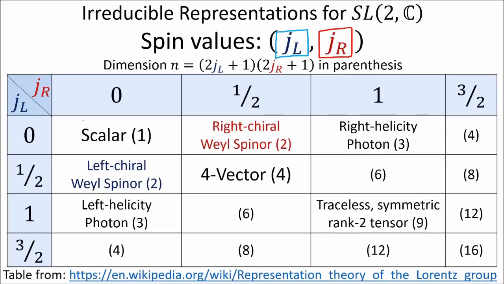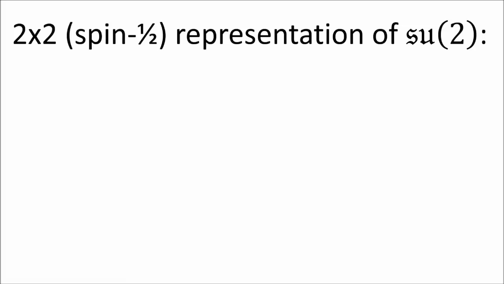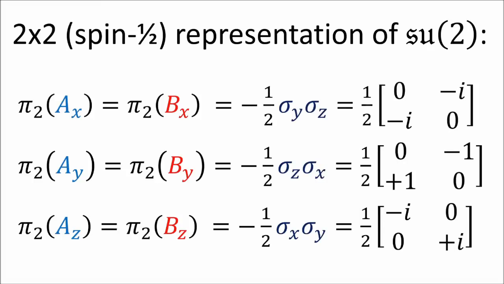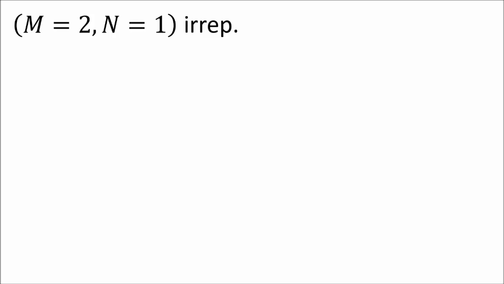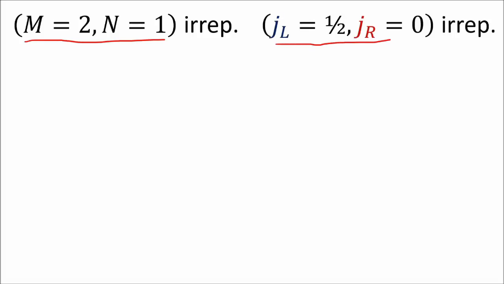Now let's look at the spin 1/2 representations. For SU2, the spin 1/2 irrep, also called the 2x2 irrep, has matrices given by -1/2 times pairs of Pauli matrices. Let's look at the m equals 2, n equals 1 irrep. In terms of spins, this is the 1/2, 0 irrep.